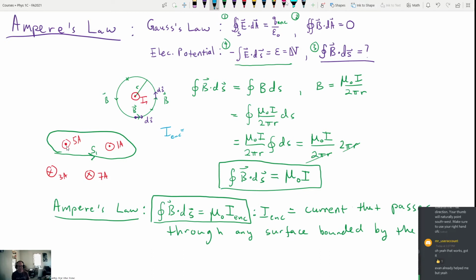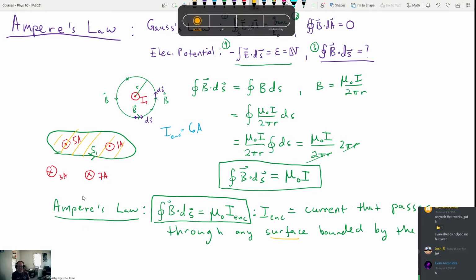How much current passes through any surface that's bounded by the path? It should be 6 amps, because there's 5 amps plus 1 amp for a total of 6 amps. And to understand what I mean by a surface bounded by the path, this is the surface bounded by the path here, right? That's what we mean by that. It creates a plane, which is a type of surface, right?